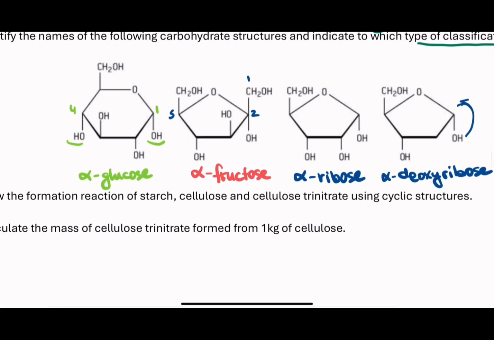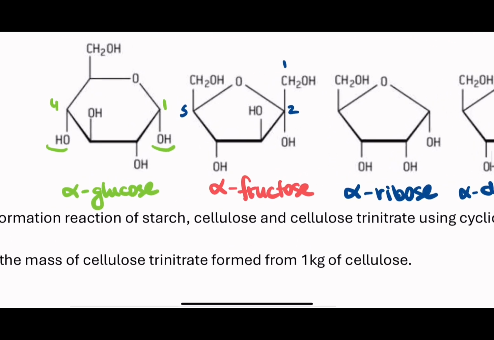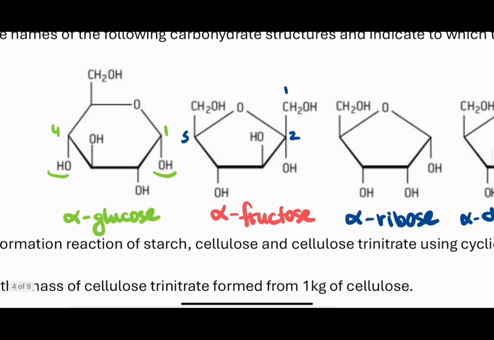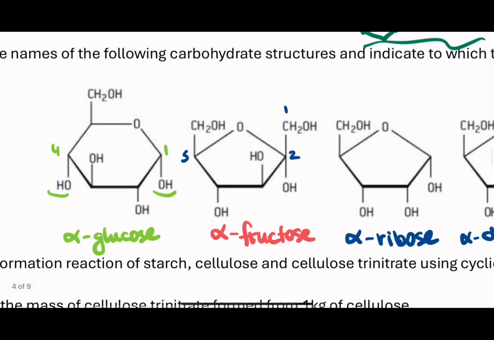Alpha glucose, we have glucose, fructose, ribose, deoxyribose. Now, when you classify these, we know that glucose is a hexose, but it is an aldehyde, so it is going to be aldohexose. And then fructose, on the other hand, is ketohexose.